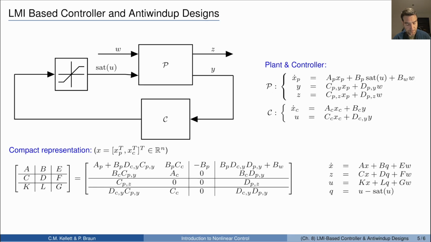That controller might have constraints in terms of saturation, leading to this overall closed loop system, represented through the two components, plant and controller, or equivalently represented through the system here, compactly written with more complicated definitions for these individual components. With this, we are able to analyze properties for this setting and design different components of this system in such a way that we have asymptotic stability, local asymptotic stability, global asymptotic stability, disturbance rejection, and can take these input nonlinearities into account.